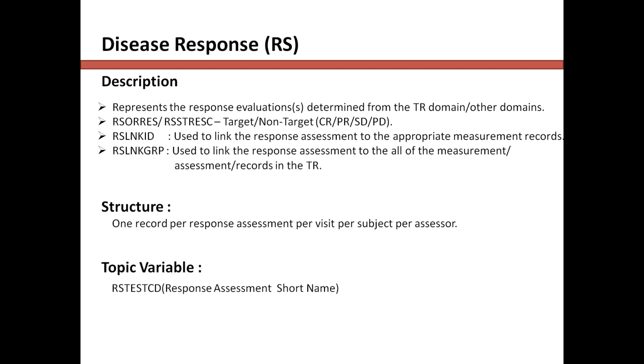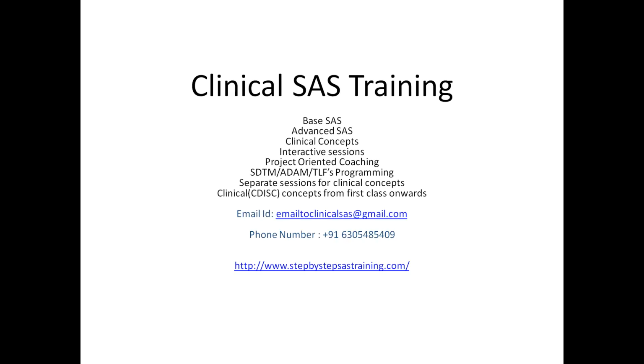We have the RS link ID and RS link group variables to link other efficacy variables. The structure is one record per response assessment, per visit, per subject, per assessor, and the topic variable is RS test code. This is a brief description of the SDTM domains.